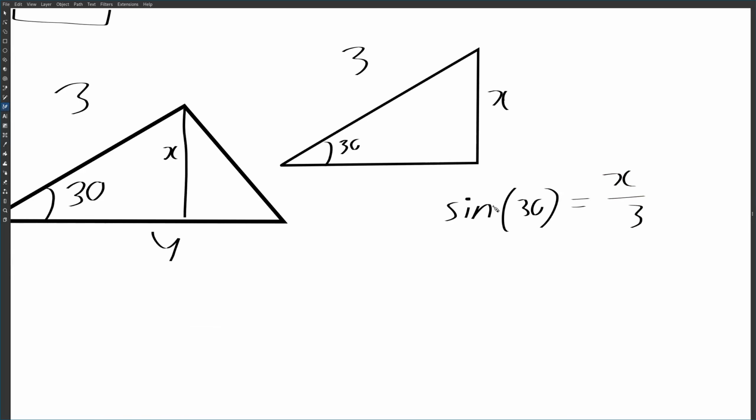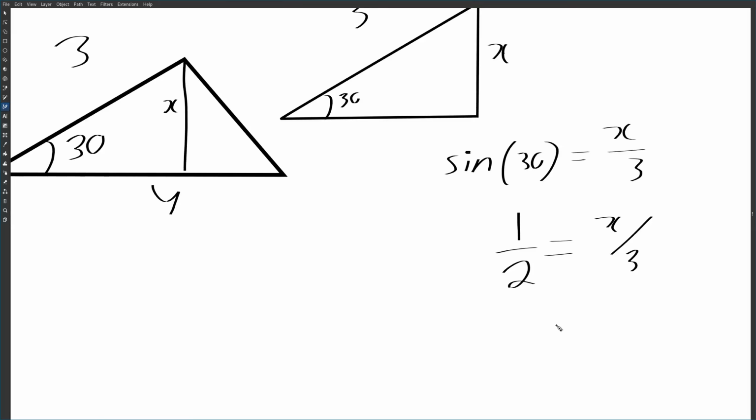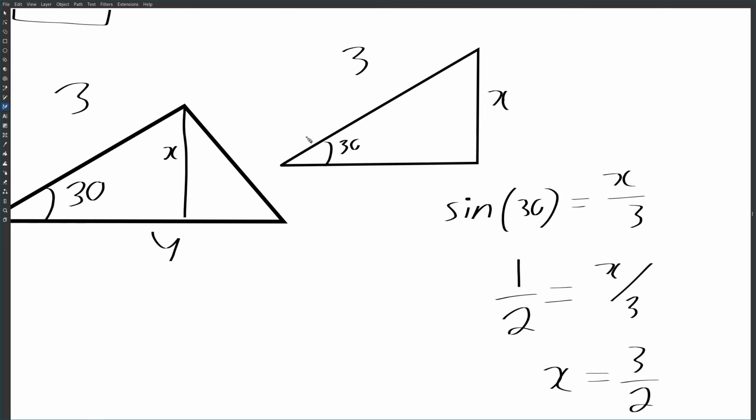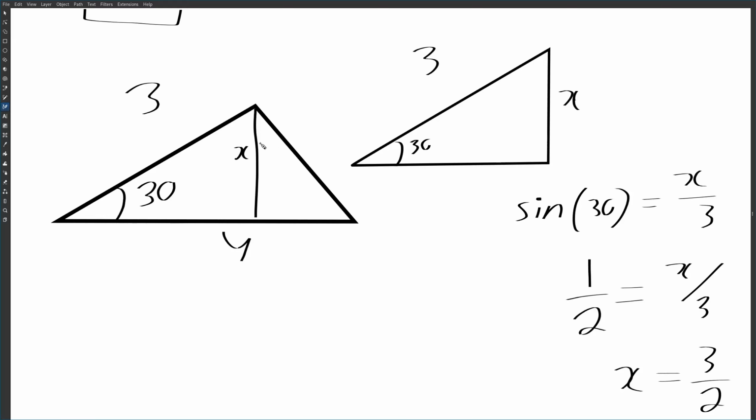And evaluating sine of 30, just because you know it, or using a calculator, you get 1/2 is equal to x over 3. Multiply both sides by 3, and you get that x is equal to 3/2. Okay, and since x is our height, we just put that in now. 3/2.